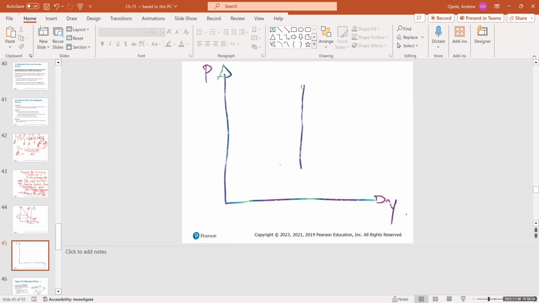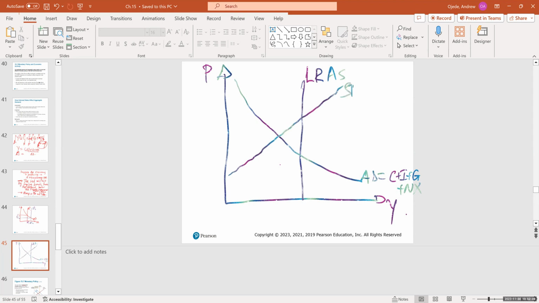If this is your long run aggregate supply curve, then the intersection between your aggregate demand, which is the sum of C plus I plus G plus net exports, and the short run aggregate supply curve, which is upward sloping, is where we are. We want the economy to produce at full potential output, but the economy is producing at Y1.